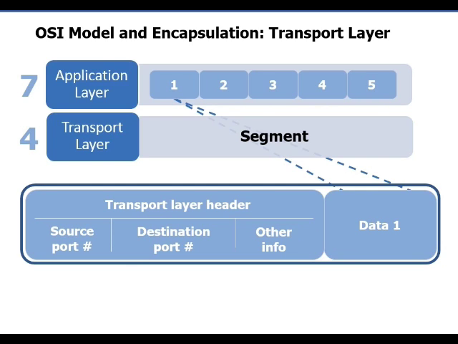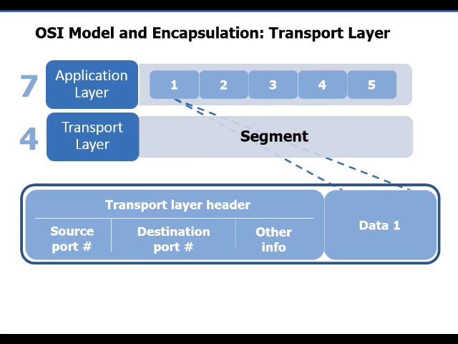Now that other information is going to be very protocol specific. If we're using TCP, the other information in the header is going to contain window sizes, acknowledgement numbers, as well as other pieces of TCP in order to make the transport layer operate properly when using the TCP protocol.